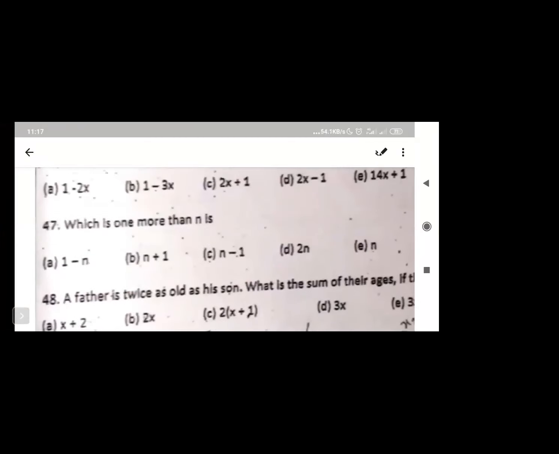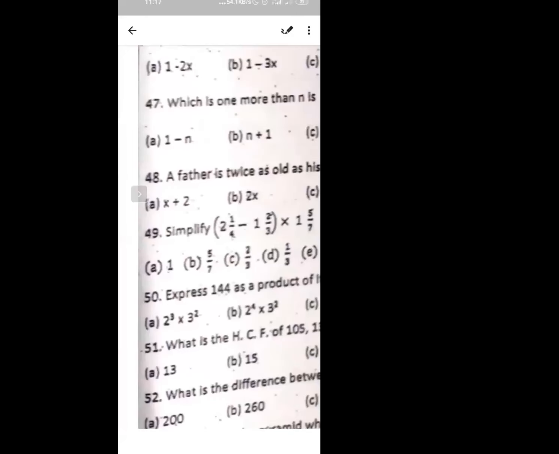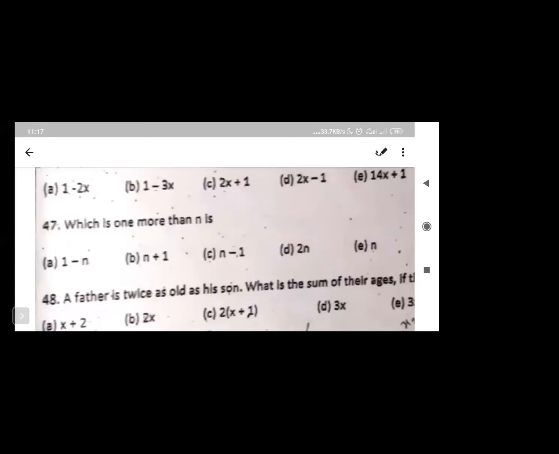Number 47, I said, what is 1 more than n? In that case, I was asking the question, what is 1 more than 5?